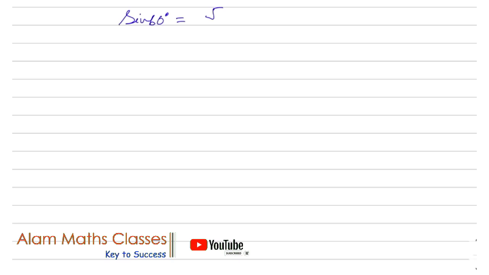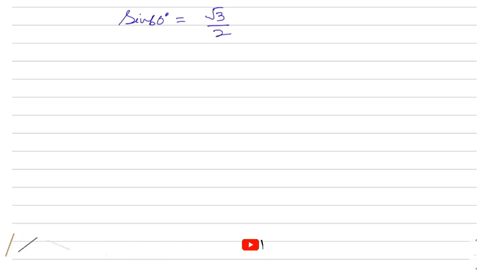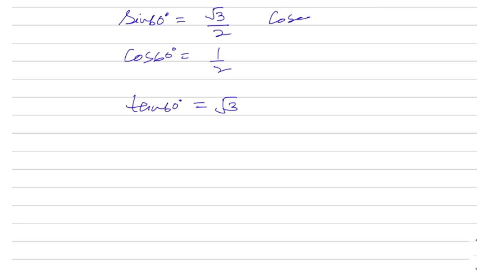Therefore sin 60 degree is equal to root 3 by 2. Cos 60 degree is equal to 1 upon 2. Tan 60 degree is equal to root 3. And cosec 60 degree is equal to 2 upon root 3.